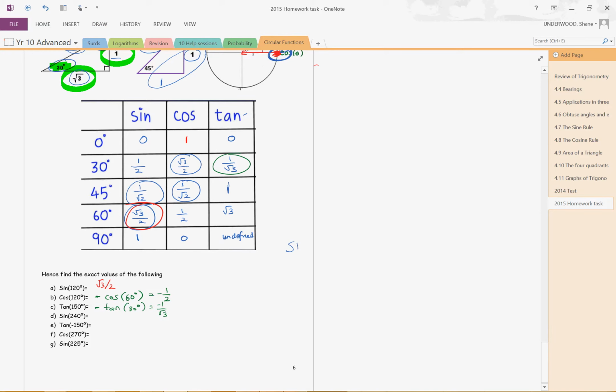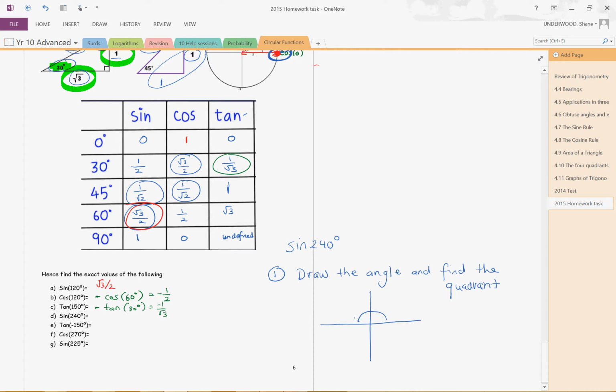Sine of 240 degrees. Well, first of all, I'm going to go over this once more. The first step is draw the angle and find the quadrant. So I'm going to do that. 240 degrees.